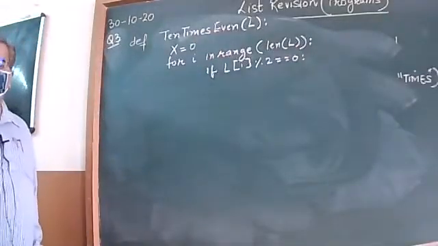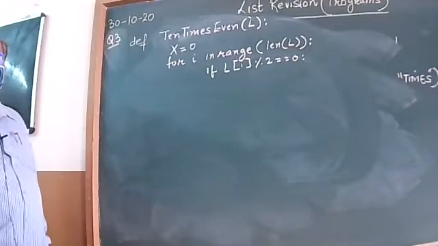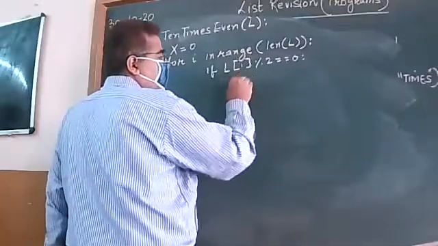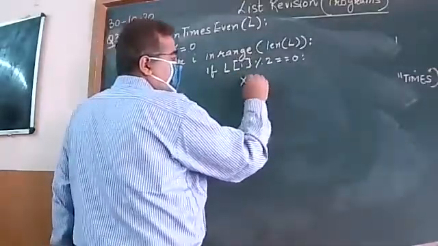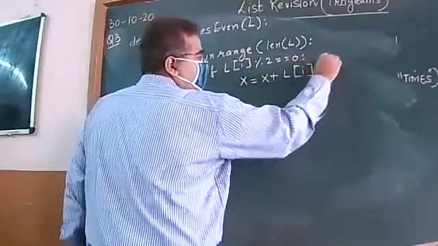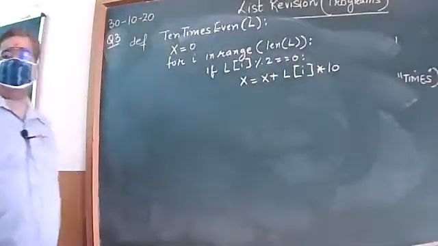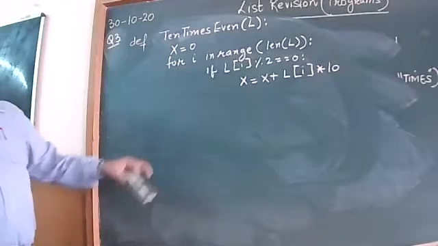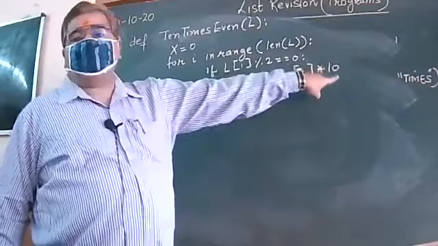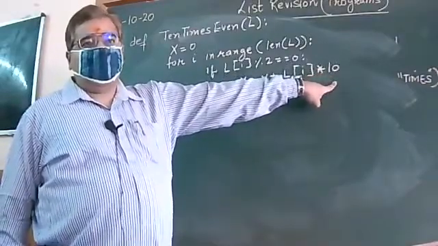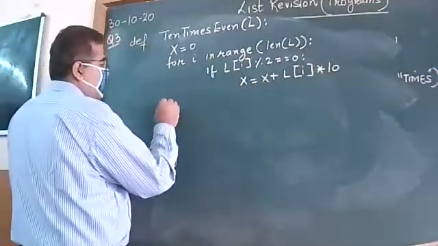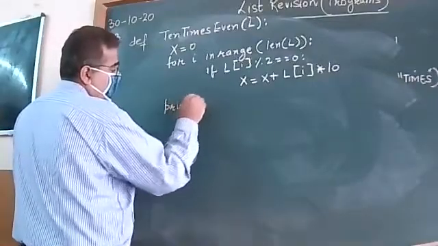Modulus the element with 2. And if the remainder is 0, your element is even. Now you are to find the sum. X equal to x plus L of i multiply by 10. I multiply my element 10 times. Right? And I am finding the sum. Whatever will be the sum, we will print here.